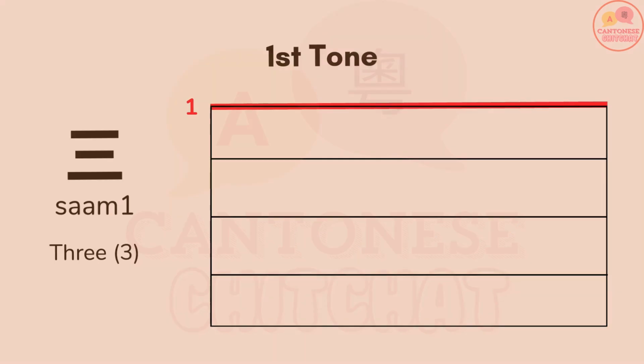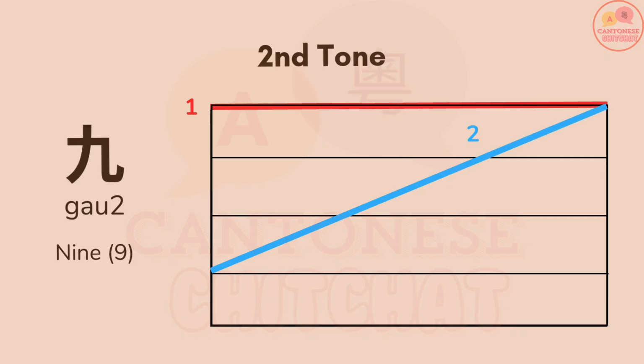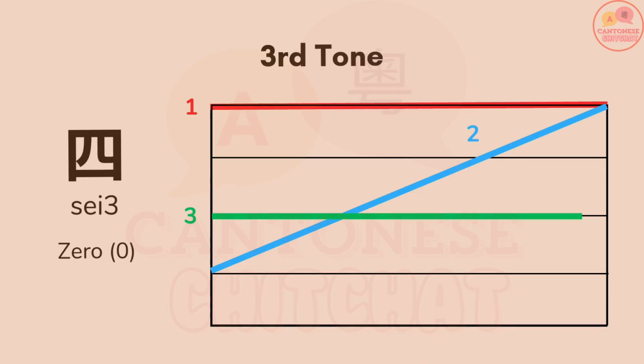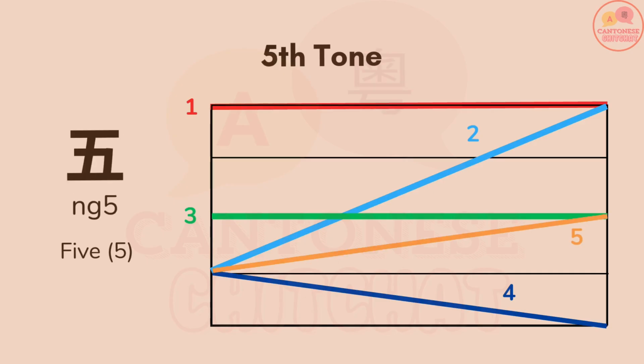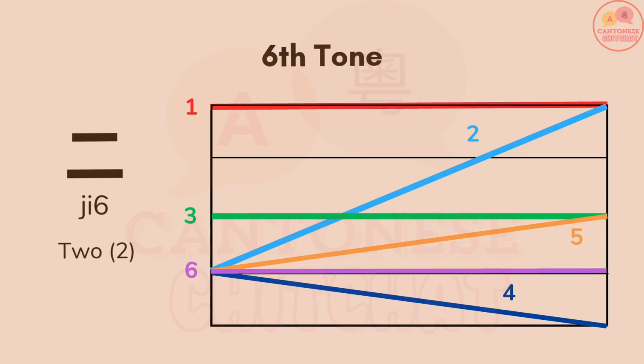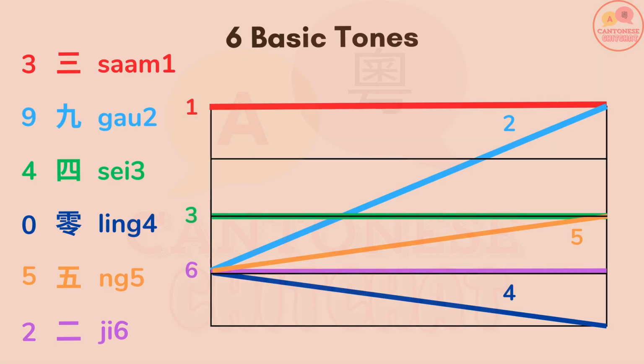3, 3, 9, 9, 4, 4, 0, 0, 5, 5, 2, 2. Let's practice together. 3, 9, 4, 0, 5, 2.